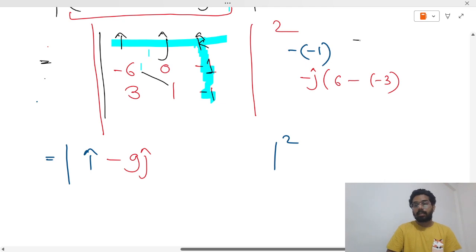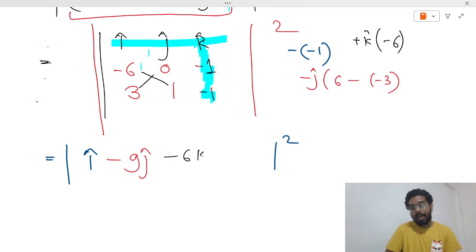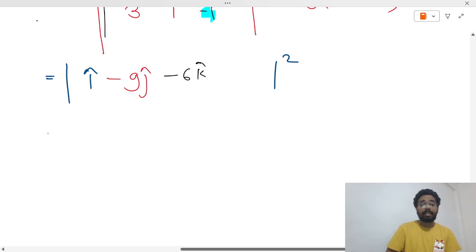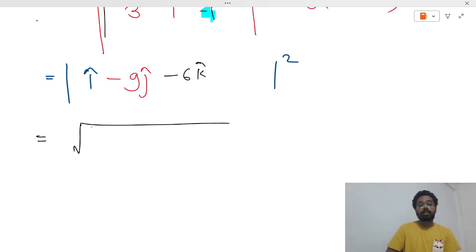Minus 6 k cap times minus 6, and minus 3 into 0. So you have minus 6 k cap. All we are left with is to take the magnitude and the root of it. So you have 1 square is 1, this is 81 and this is 36. Take a root of it.